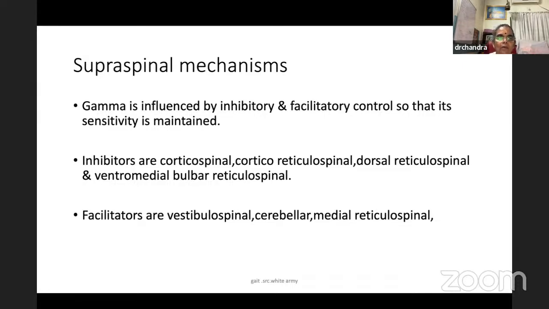The inhibitors of these supraspinal mechanisms are corticospinal, cortico-reticulospinal, dorsal reticulospinal, and ventromedial bulbar reticulospinal. So there is an inhibitory and facilitatory input on the alpha, gamma, and Renshaw cells in the ventral horn. Whereas facilitators are vestibulospinal, cerebellar, and medial reticulospinal pathways.